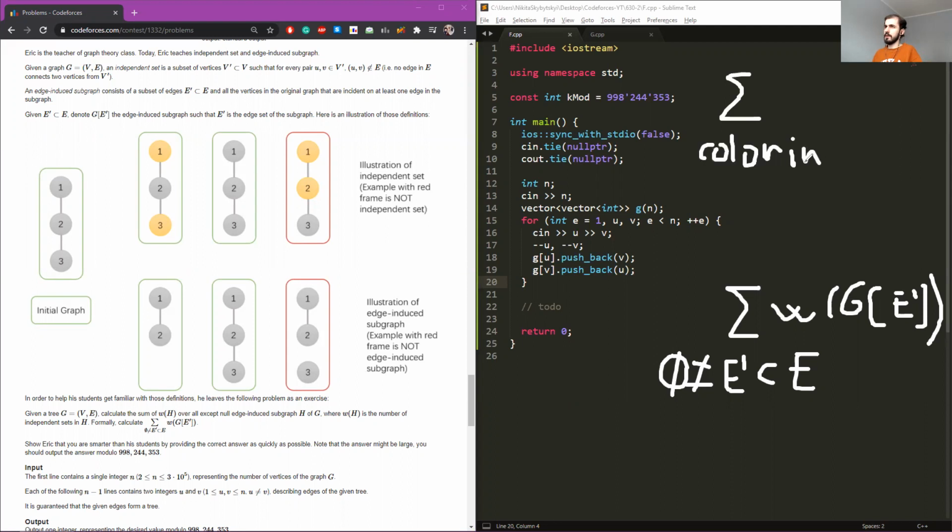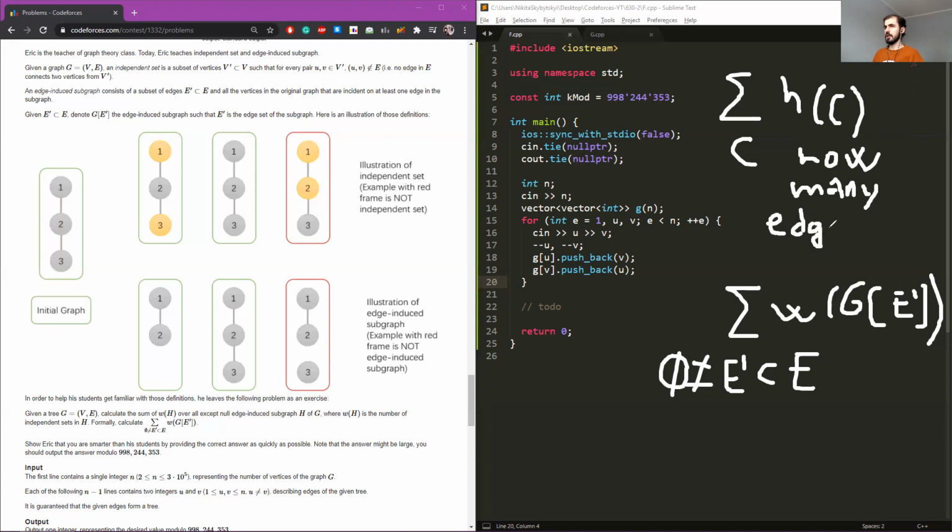We will count our colorings, let's denote a coloring C, and denote H of C as how many edge-induced subgraphs have this coloring as an independent set.